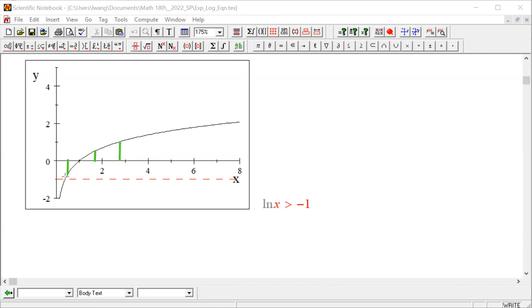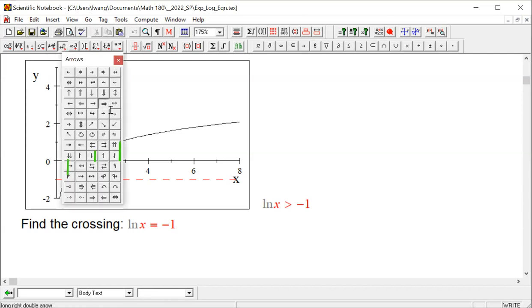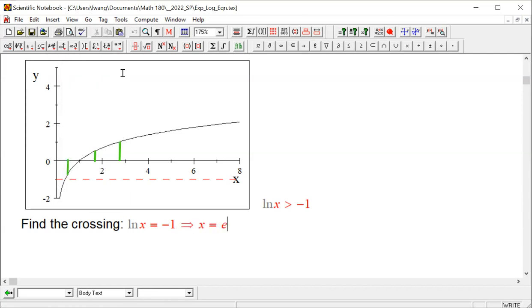So our solution would just be what? From here, there's a crossing. How do we find the crossing? Well, we set it equal to negative 1. We set ln x equal to negative 1, so the result would be x equals e to the power of negative 1.